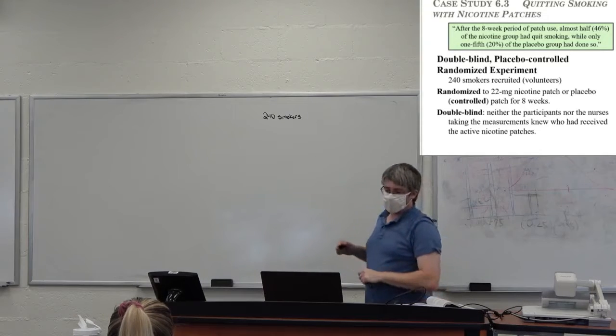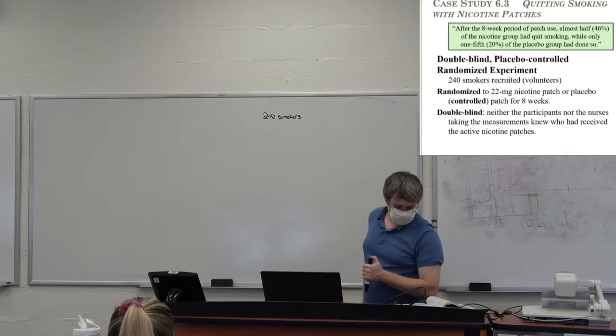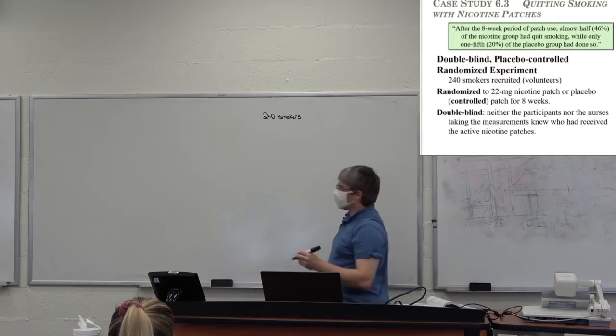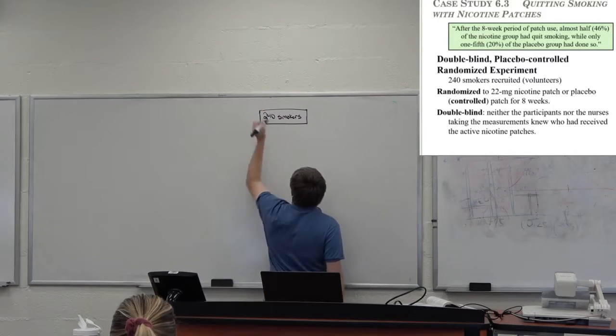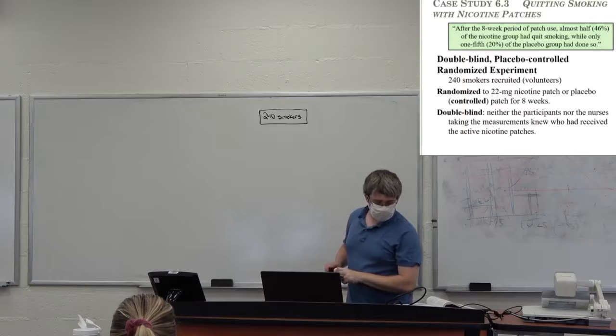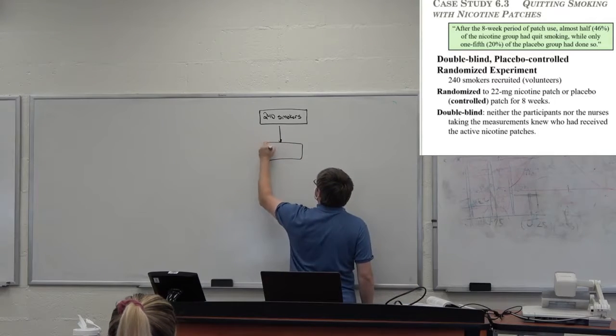And basically, they have to be motivated to quit smoking by doing the nicotine patch. And so essentially, you have 240 smokers here, which is your sample. And then you randomly assign these to different groups.